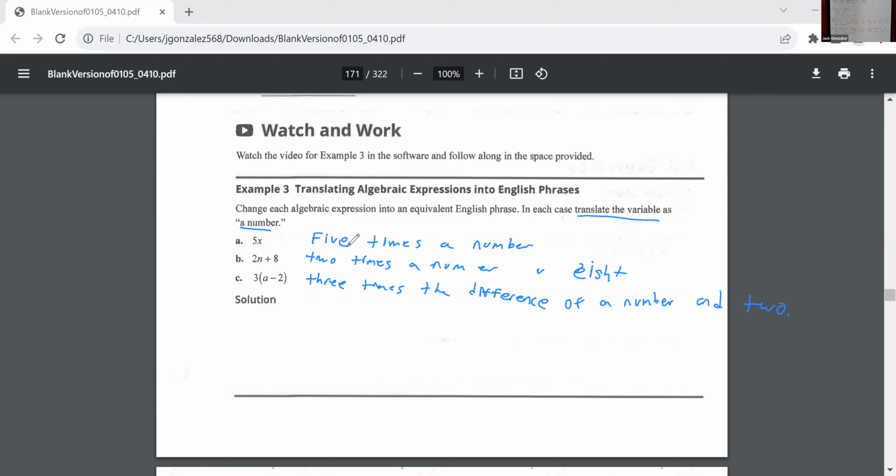English is crazy. I thought you meant like Spanish or something. Well, like I told you, X plus X plus X plus X plus X. It's a lot of pluses and it's a lot of writing. You said a number plus a number plus a number.